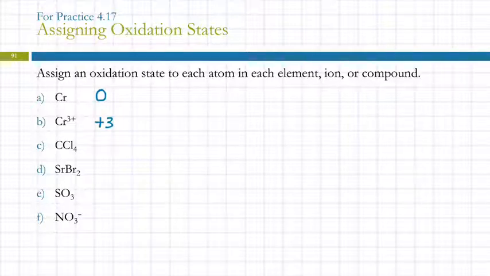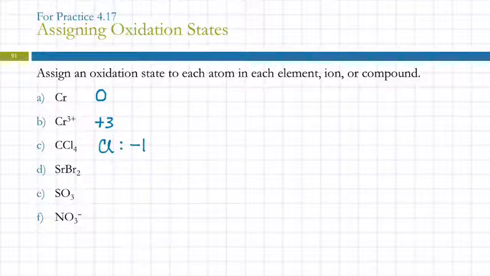No fluorine, no hydrogen, no oxygen. Group 7, yes. Chlorine's in group 7. It gets to pick before the carbon. What's chlorine going to pick? -1. Because if it was an ion, that's the charge it would have. So chlorine picks -1. Each chlorine has a -1 oxidation state.